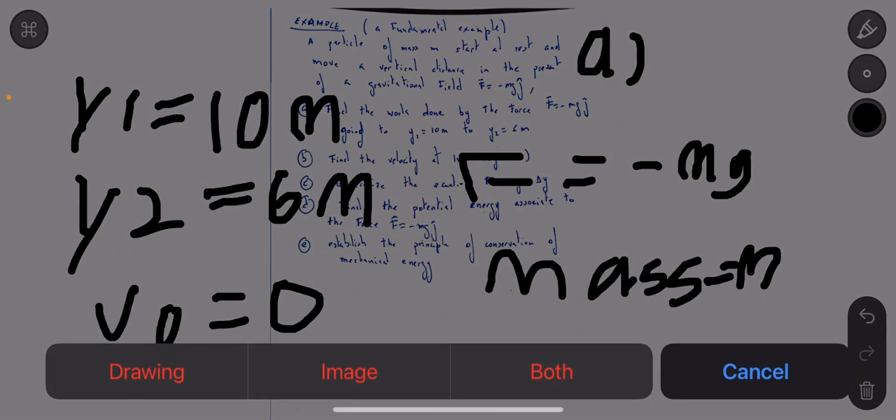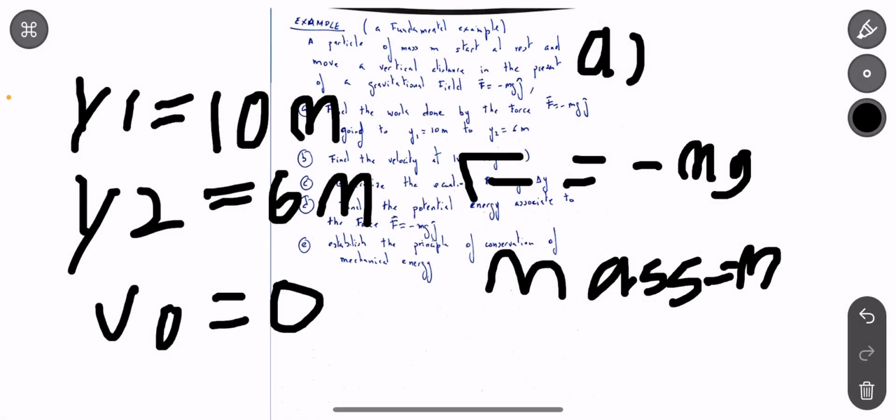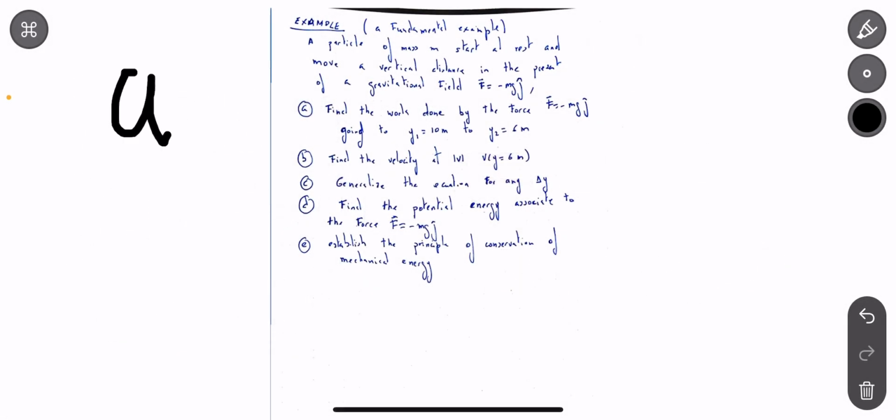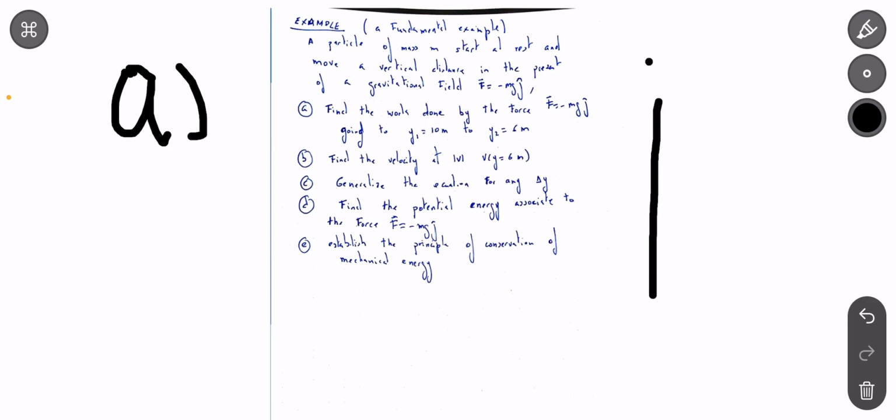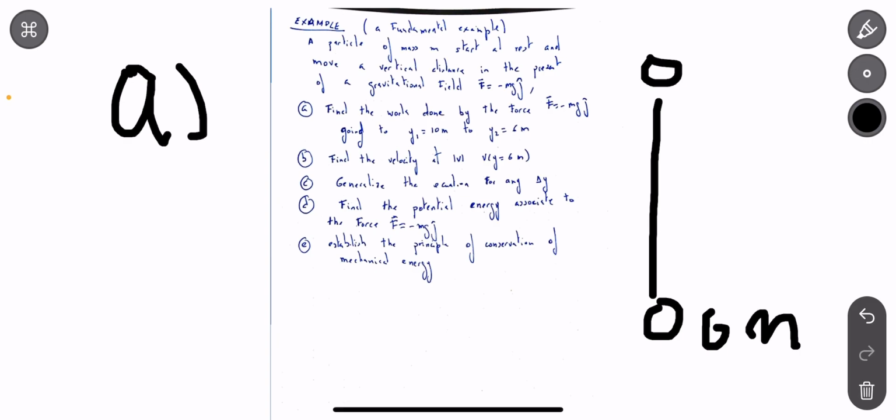So for the first problem, at least, since we just wrote out the variables we know, for A we can say that we have a vertical distance. We have 1 and 2, and we start at 10 m and go to y2 equal to 6 m.